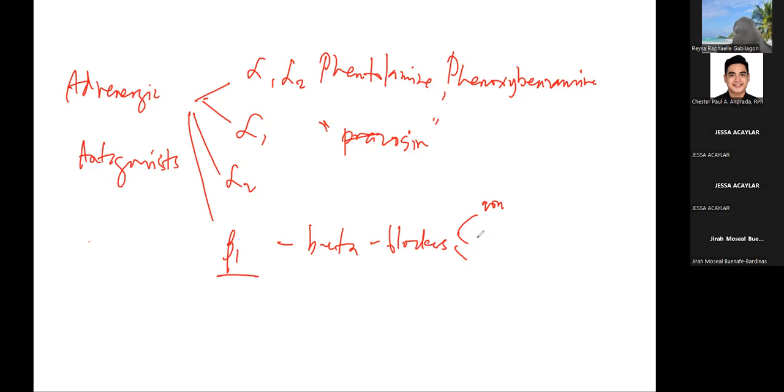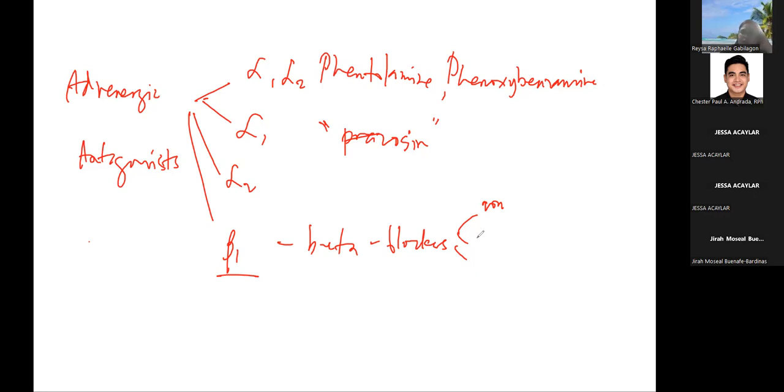And then we have also mixed acting. Mixed acting sila, meaning meron siyang inhibition na activity both sa alpha and beta receptor. So drugs like carvedilol and labetalol under silang dalawa doon. And then meron tayong antagonist na merong partial agonist activity.